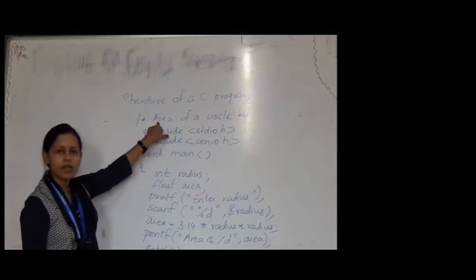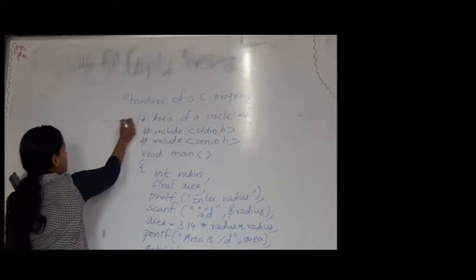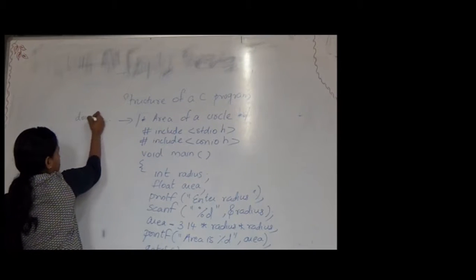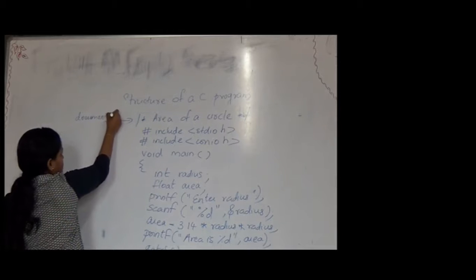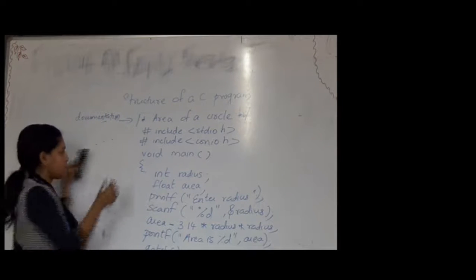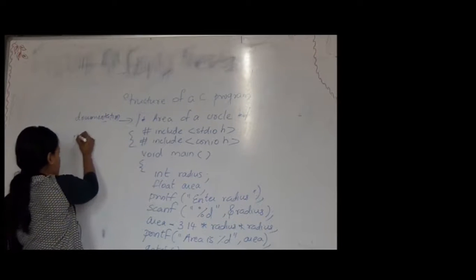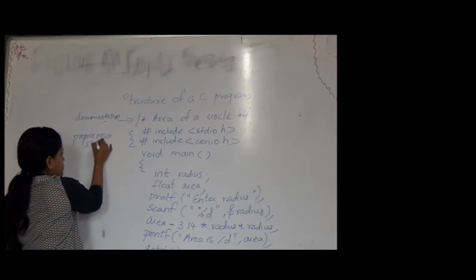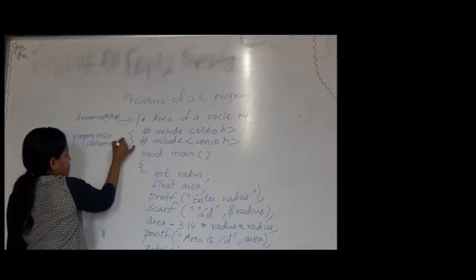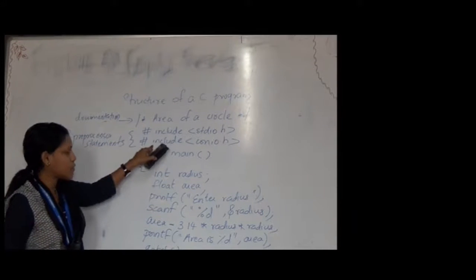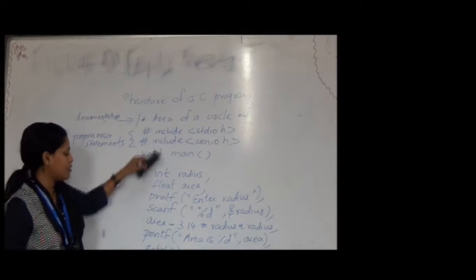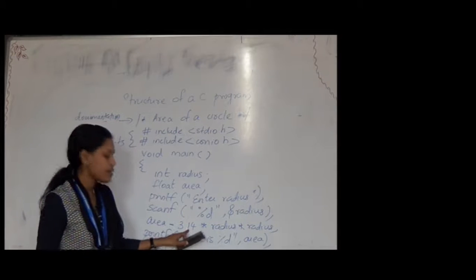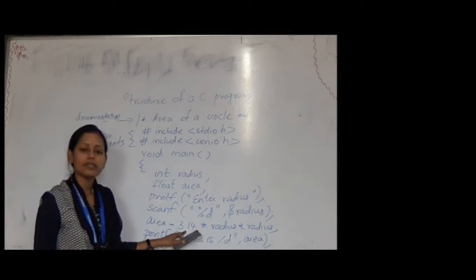So here is the documentation section of our C program. Followed by this, these two are called our preprocessor statements. If you want, we can include a symbolic constant definition here, for assigning a constant to 3.14.